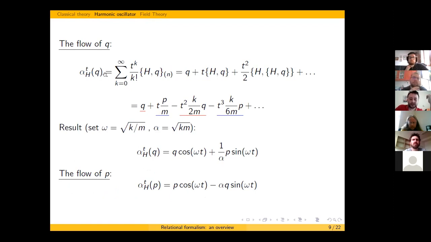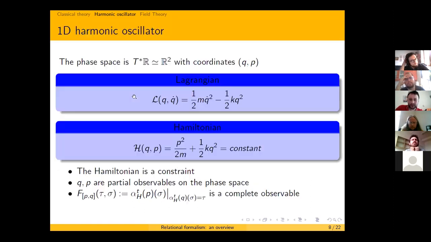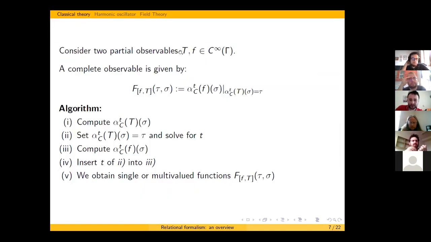I just got rid of sigma here, the point, because the function applied at the point sigma is Q. So our first partial observable, let's say T here, is basically the projection of this sigma to the first factor, namely Q. That's the point of the function.